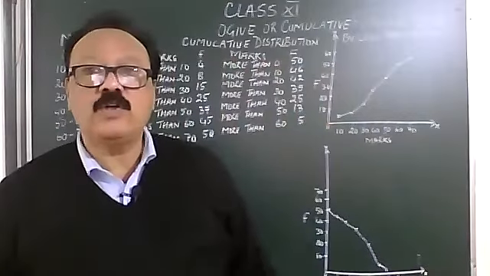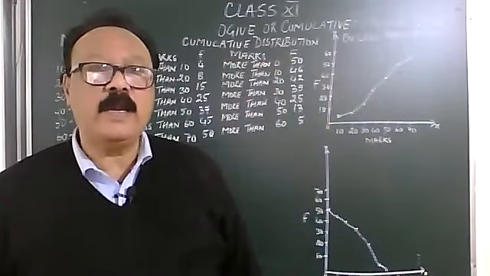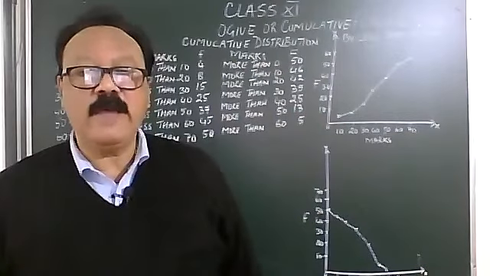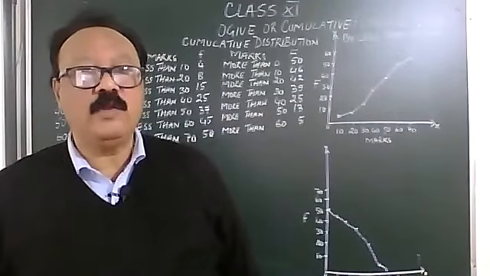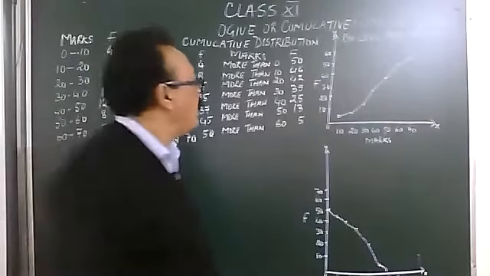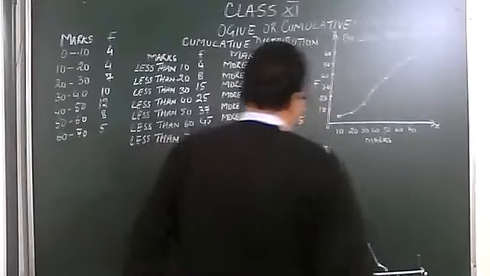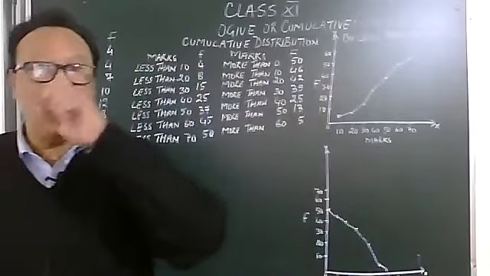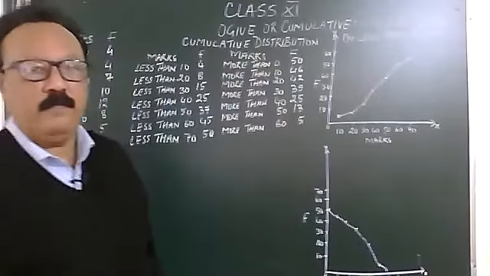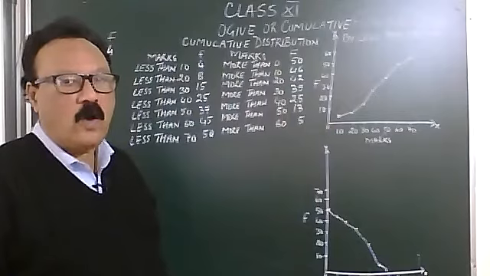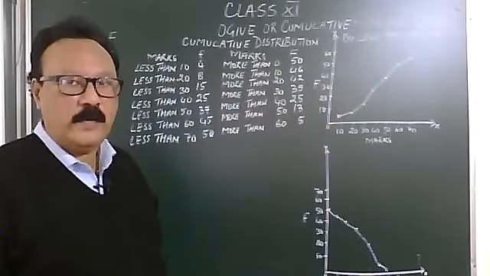You just need to draw one diagram, and in that one diagram, you can show both the rising curve and the falling curve. Remember, the less than method will give you a rising curve, and the more than method will give you a declining curve or a downward sloping curve. This is an ogive, also called cumulative frequency curve.